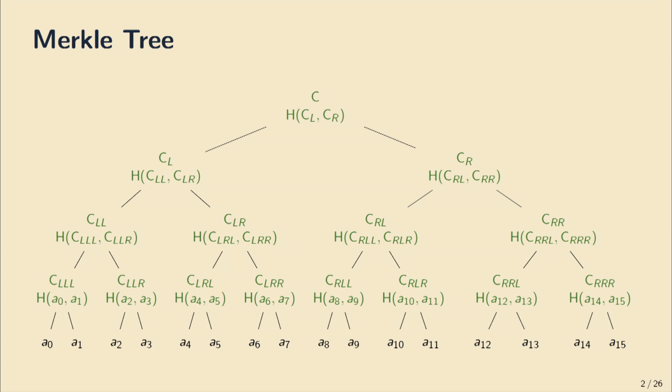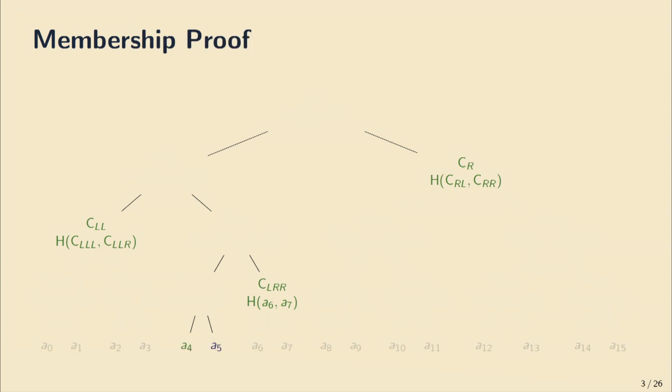Why is this useful? Well, if you trust the commitment, you can provide proofs for any element in the set. For example, here I'm going to show you how to provide a proof for element A5. You just give the hashes along the path from the element to the root. And now how do you verify this proof?